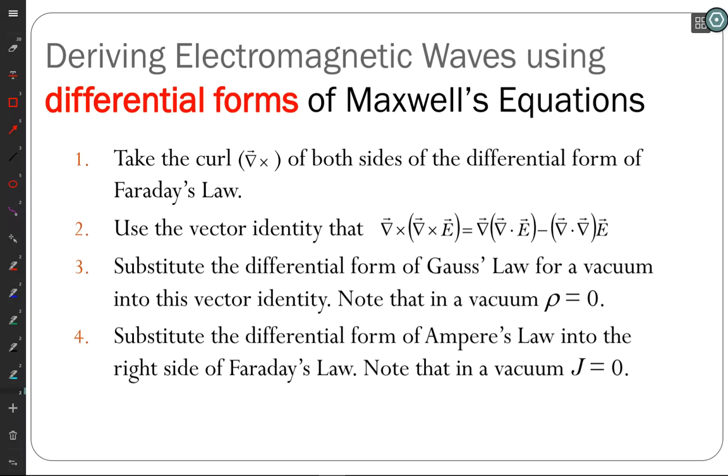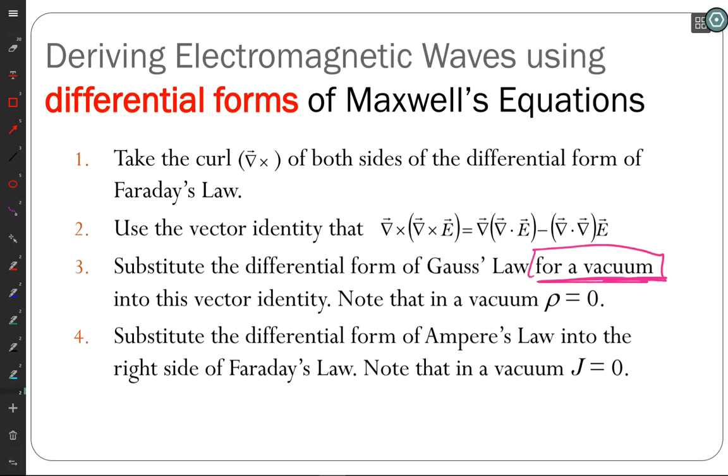And then we'll substitute the differential form of Gauss's law for a vacuum. What we're doing here is specific: Maxwell's equations will predict an electromagnetic wave in a vacuum because we're doing our derivation specifically for that case. It would work for other cases, but we're doing the simplest one.